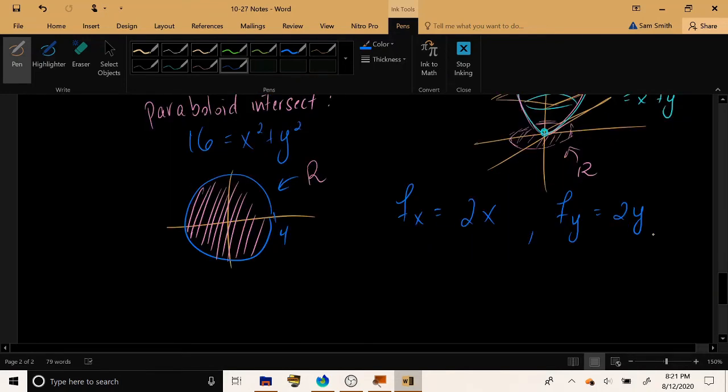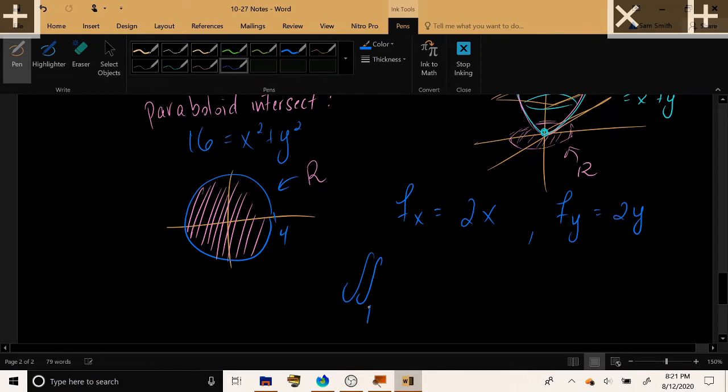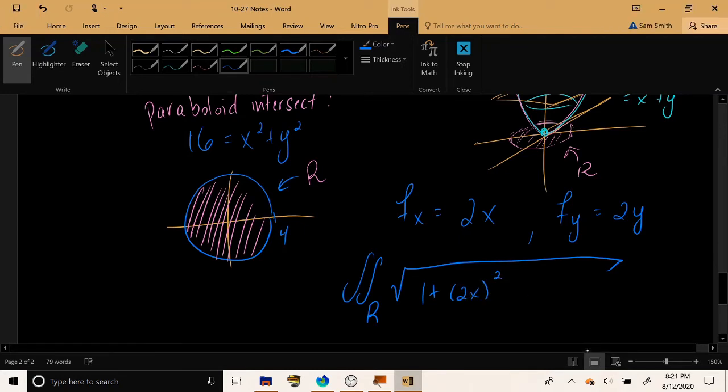And so at this point, we now have the integral over R of the square root of 1 plus 2x squared, the derivative in the x direction, plus 2y squared, the derivative in the y direction.